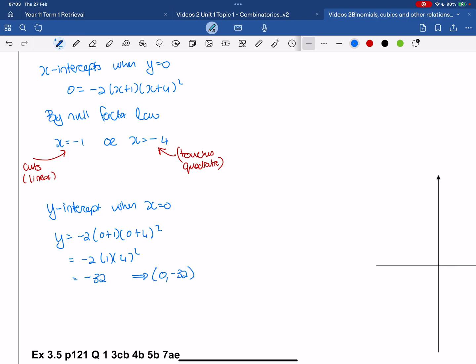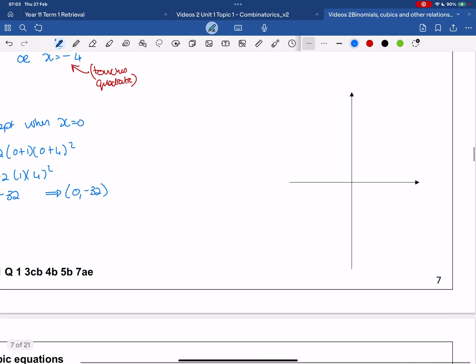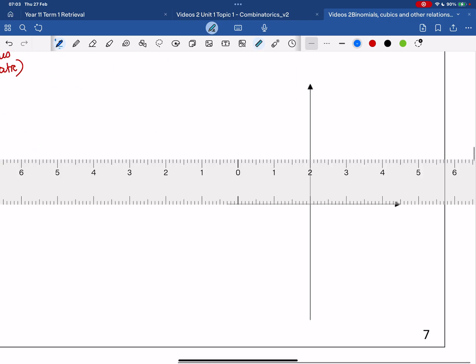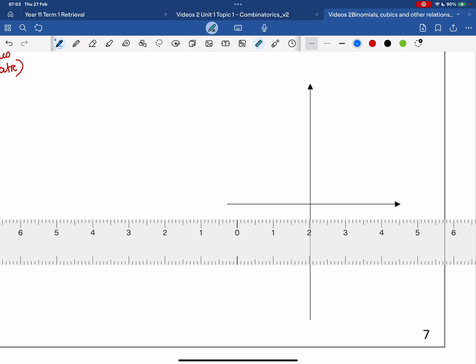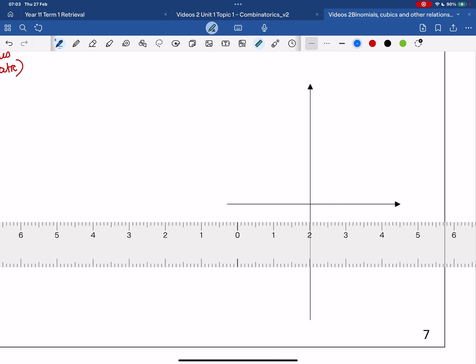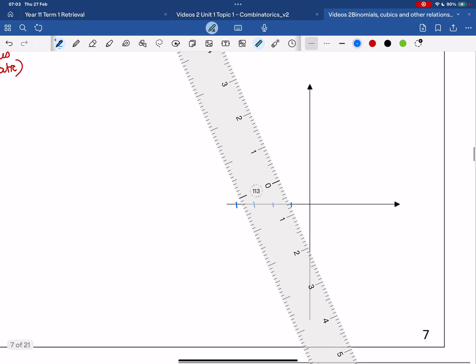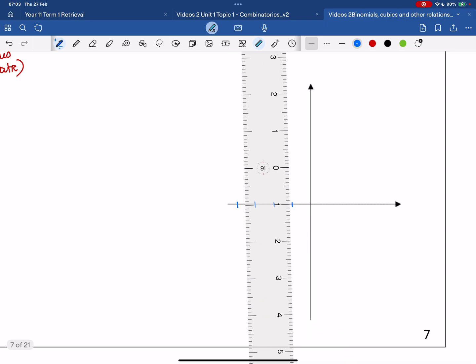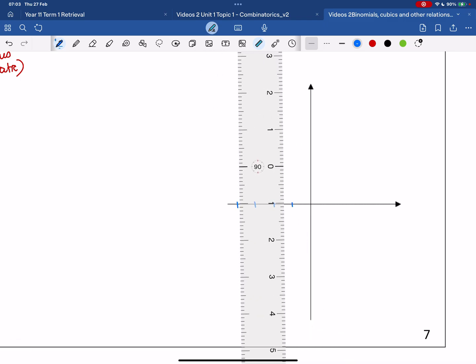All right, let's sketch this. So our x-intercepts were all negatives. 1, 2, 3, 4, that'll do. And we've got negative 32 on our y-axis.